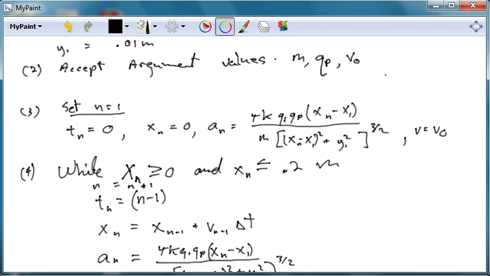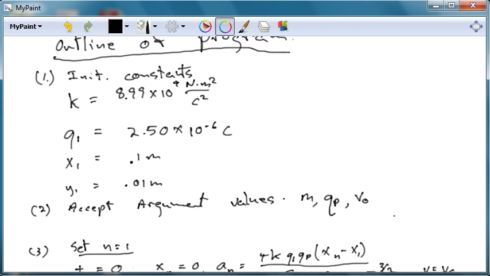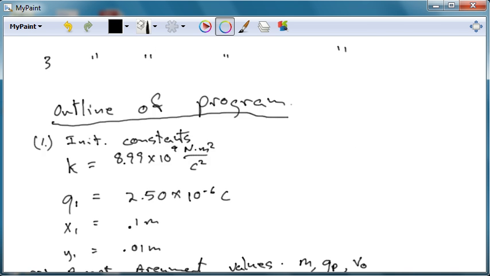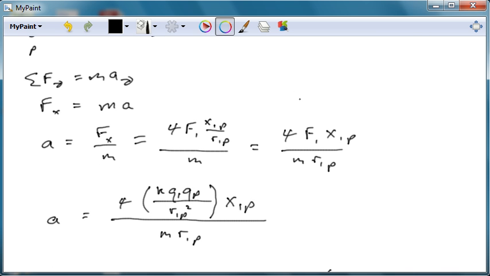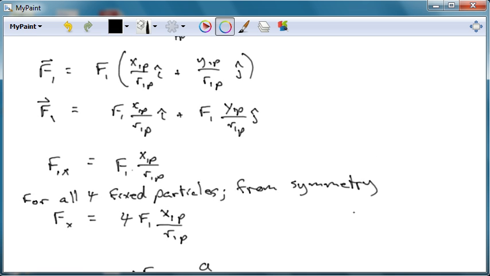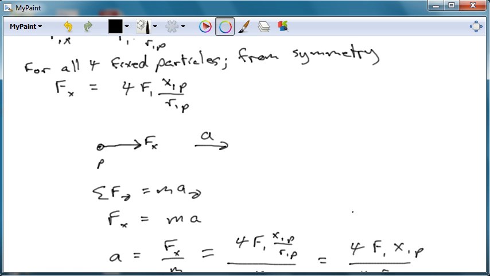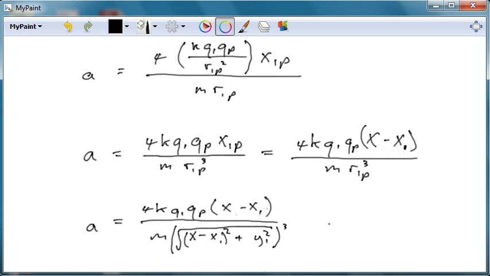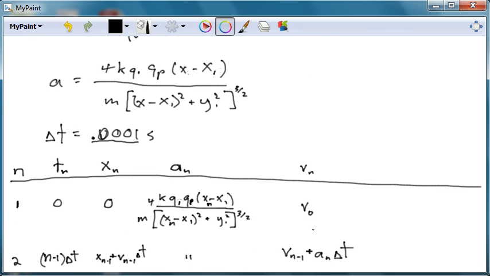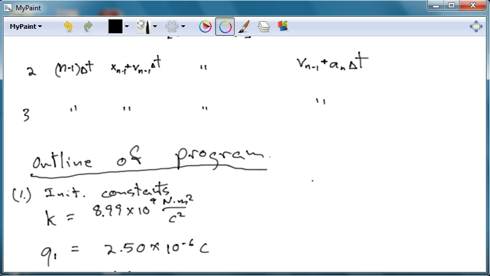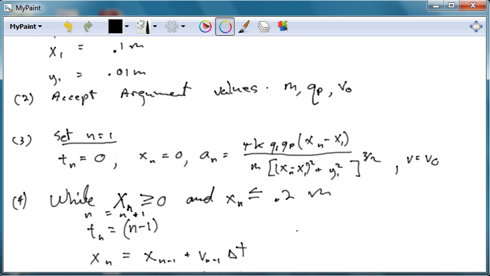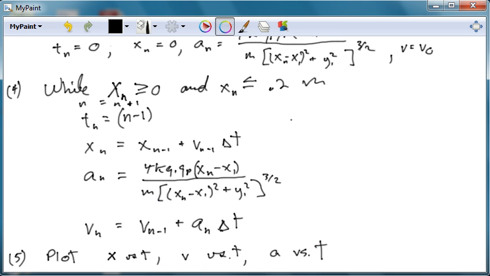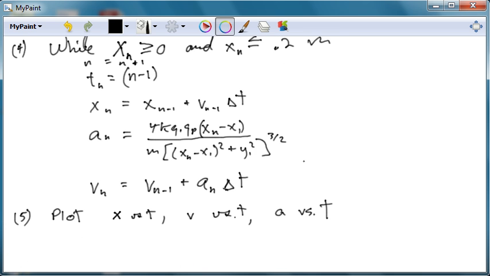So you might find corrections to this outline of the program and to my algebra, the so-called pencil on paper part, in a later video for this project. So you should probably watch all the videos if you're depending on my work. If you are sure you know what you're doing, then you don't have to, but you might want to watch them all to see if there are any corrections.